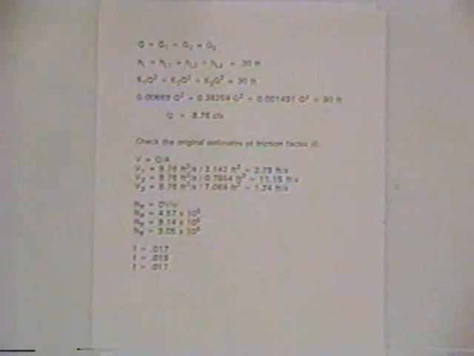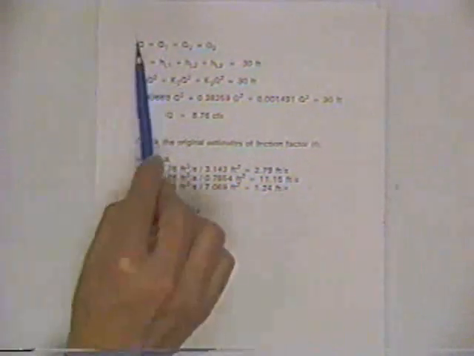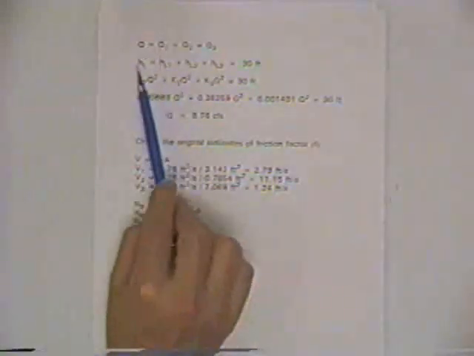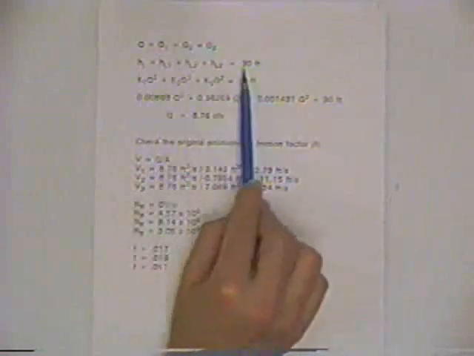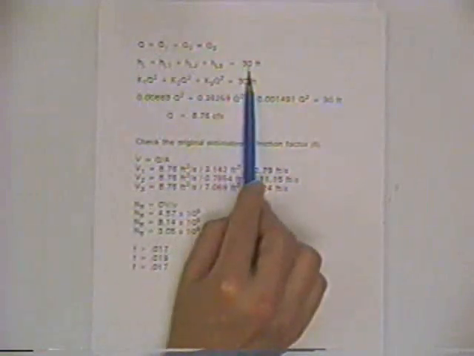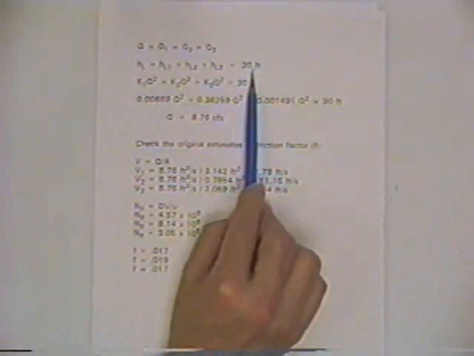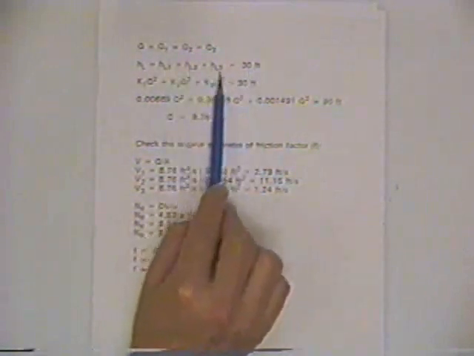And given those numbers for the Ks, we can plug into these basic relationships. We recognize that the total Q that we're trying to compute is equal to the Q in each of the three pipes. We also recognize that the total head loss, which we know is the 30 feet difference in water surface elevations between the two reservoirs, is equal to the sum of the head losses in the three pipes.